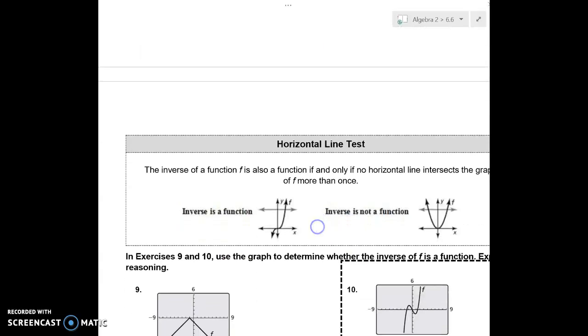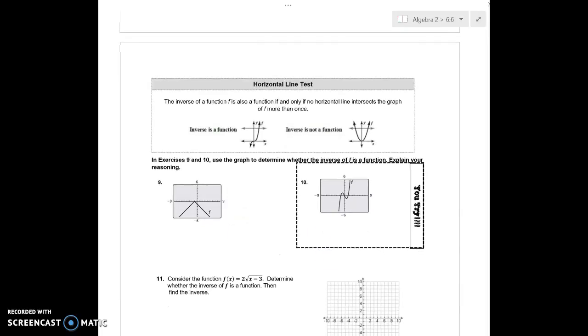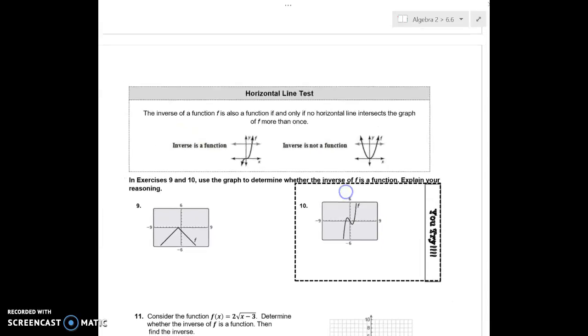Okay, now let's move on to the bottom. Anyways, now we're going to learn about using the horizontal line test. It says the inverse of a function is also a function if and only if no horizontal line intersects the graph of f more than once.